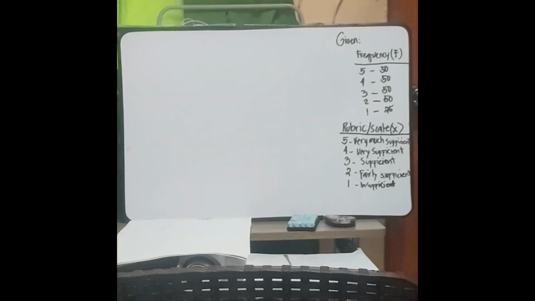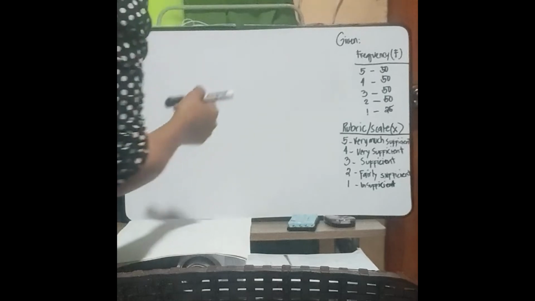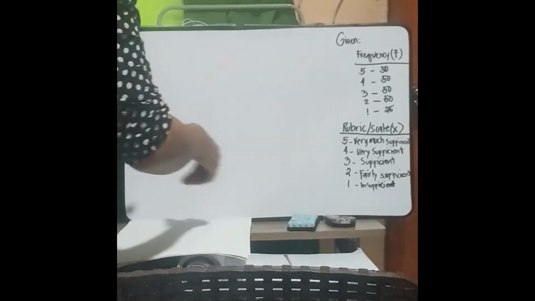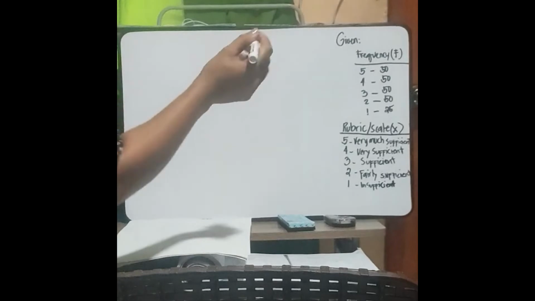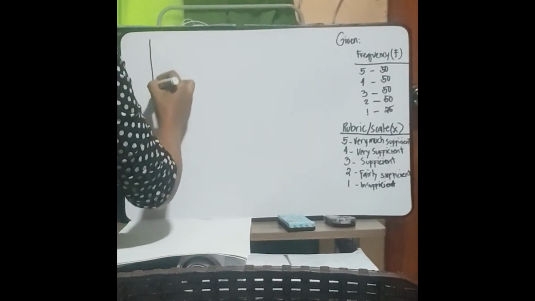We can also try using this different method, and I think this method is much easier than the first. So let's try to find out. So what we're going to do is to create a table.